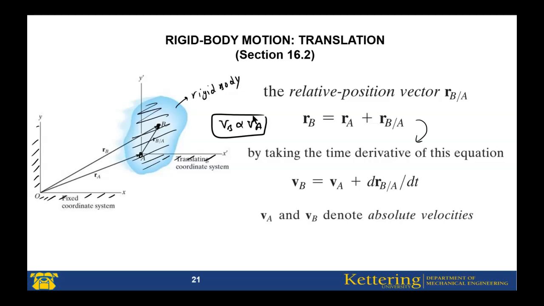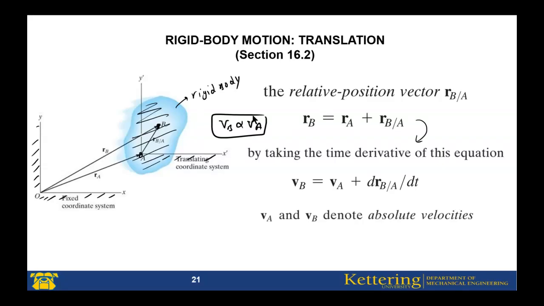The derivative of RB with respect to time is VB, and the derivative of RA with respect to time is velocity of the A, and this term is the derivative of the RB with respect to A with respect to time. Now, my question for you. What do you think about this term?